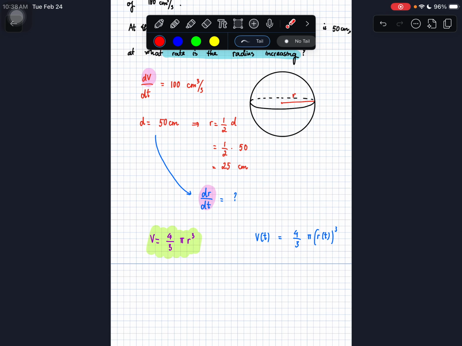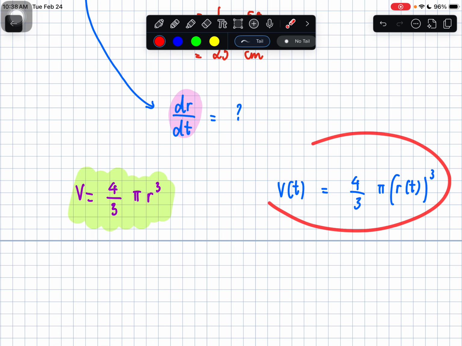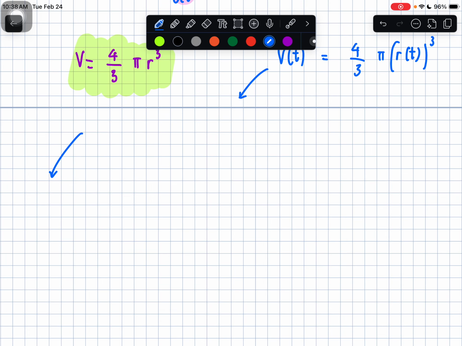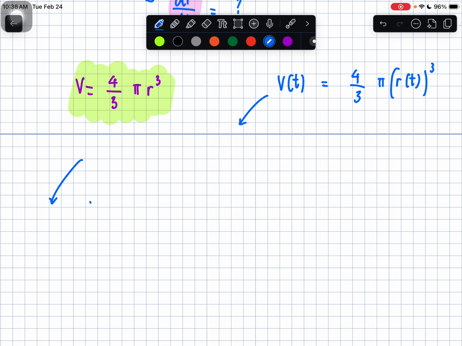So what we will do is differentiate both sides. Differentiating this equation, dV over dt equals 4 over 3 pi. This term is just a constant, so let's keep it there. Now we apply the chain rule, times 3r squared.